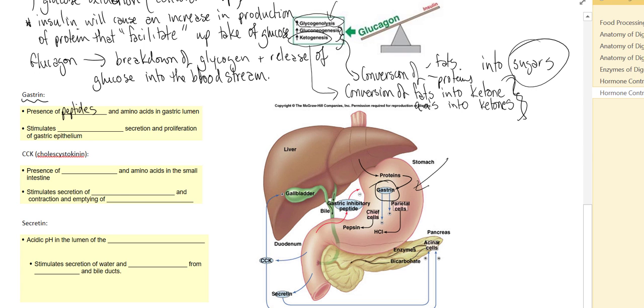And the effects of this is that gastrin stimulates gastric secretions. And so, of course, gastric juice. So it's stimulating the stomach and this lining, the cells of the stomach, chief cells, parietal cells. It's stimulating them to fire up their production of important substances for the digestion of amino acid proteins.